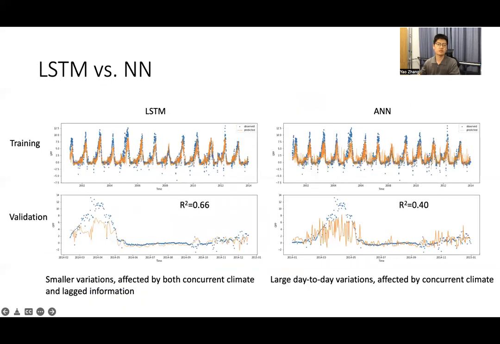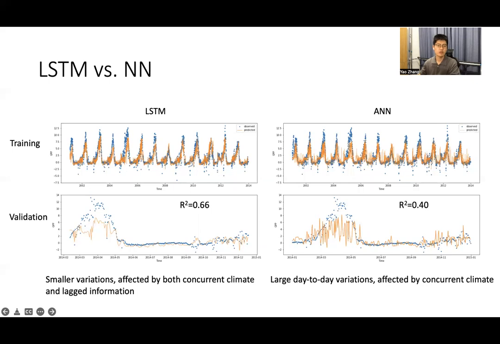This is a comparison between the LSTM and the neural network. We use 13 years of training data and 1 year for validation. The model performance is much better for the LSTM with an R-square of 0.66 than the neural network. The R-square is only 0.4.